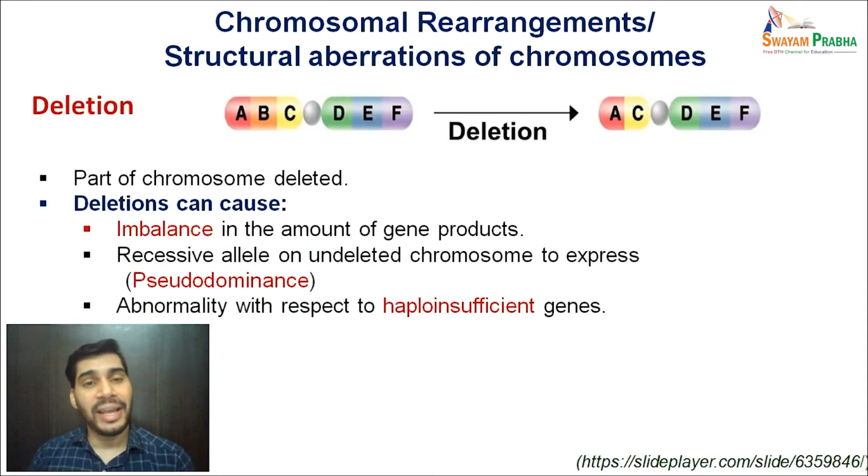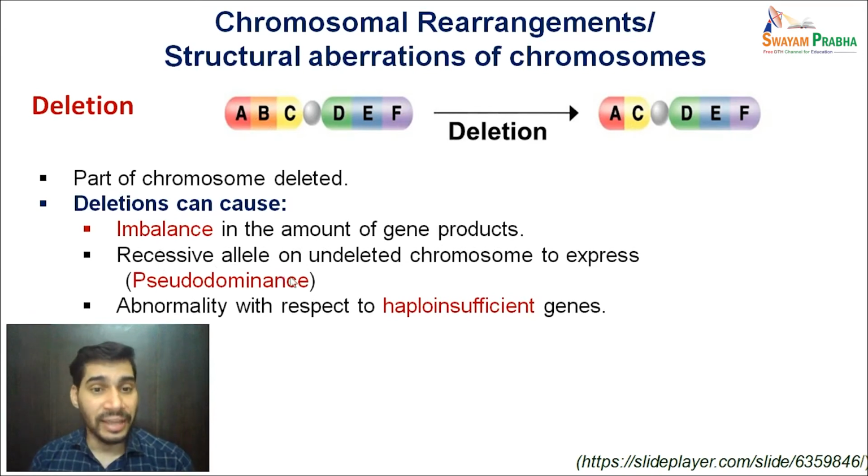Moving ahead, the next chromosomal aberration can be deletion. Here, as you can see, the B segment of this chromosome has been deleted. Obviously, if a part of a chromosome is getting deleted, there is going to be an effect on the gene product. So, the deletion can cause imbalance in the amount of products.